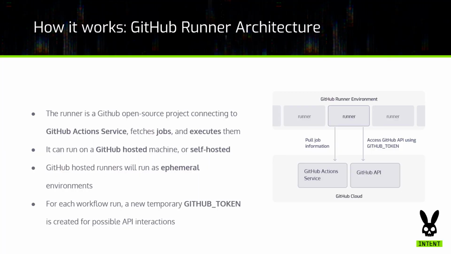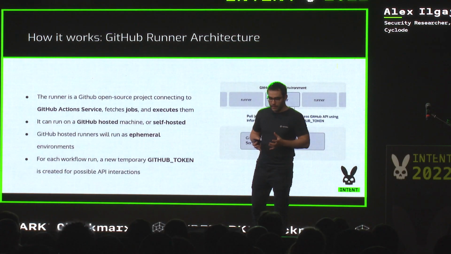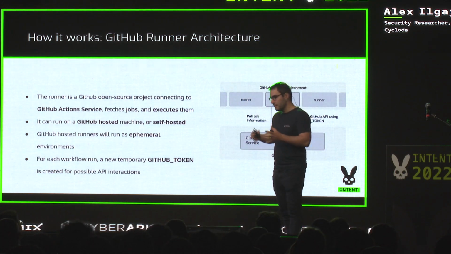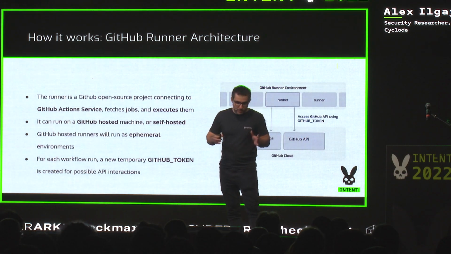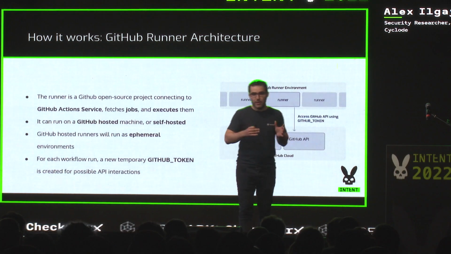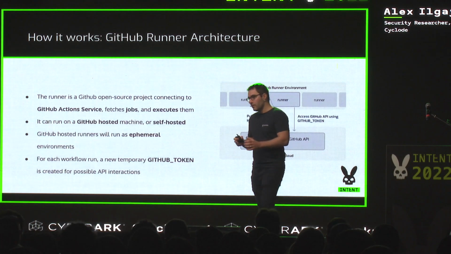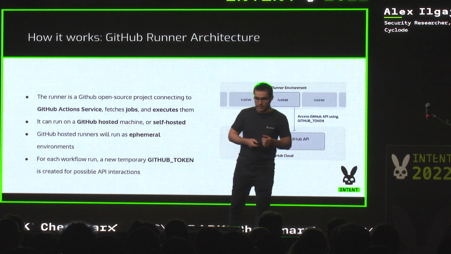So before we dig into the vulnerabilities, we need to understand some core mechanics of GitHub Actions and how it works. One of the core mechanics is the GitHub Runner. The runner is the entity that runs the actual actions. It fetches the jobs from some API server, and it executes them. This runner could be run either on a GitHub-hosted machine, which is the popular method for open source projects, or on some self-hosted machine, which is popular among enterprises.